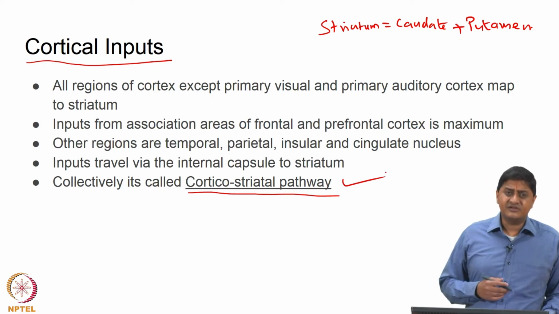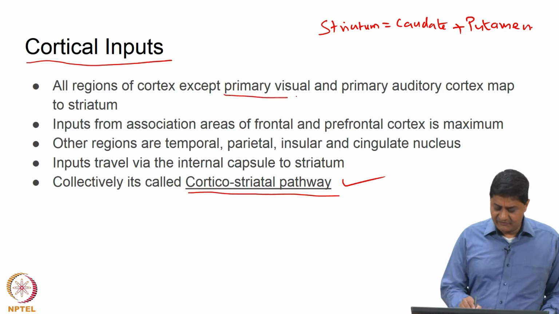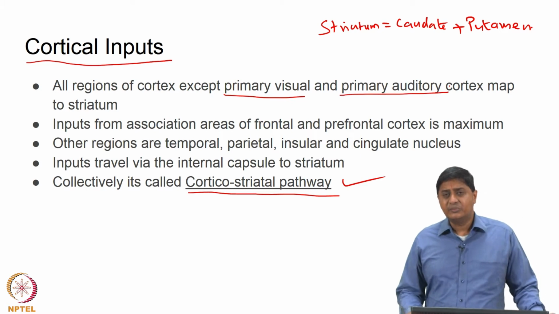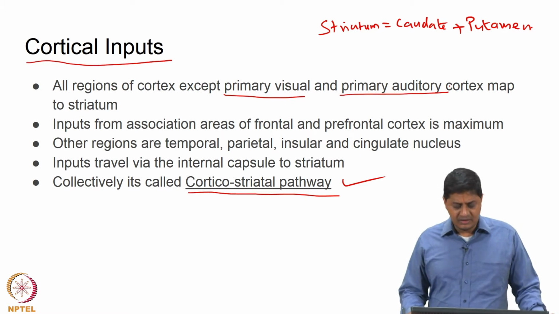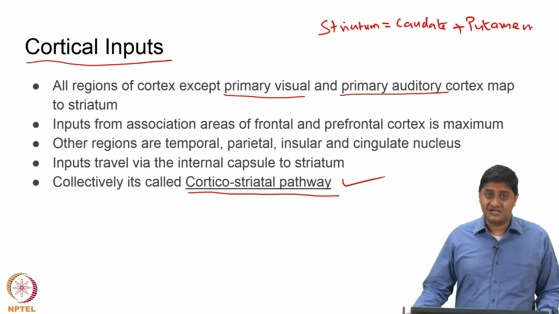So, which areas of the cortex project to the striatum? Almost all regions of the cerebral cortex except primary visual and the primary auditory cortex, practically all the regions of the cortex project to the striatum, although they do not project to the same area within the striatum.